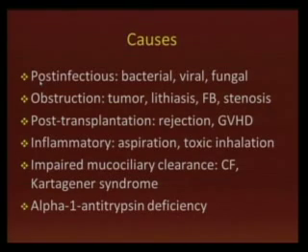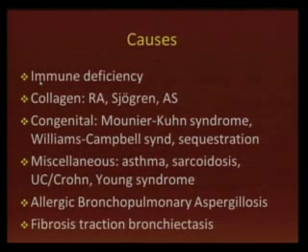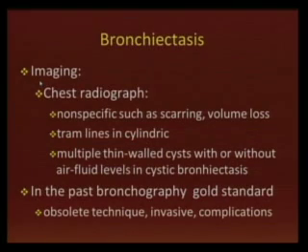It can be seen in cases of mucociliary clearance impairment, like Kartagener syndrome or primary ciliary dyskinesia, in rheumatoid arthritis or collagen vascular disease, and in congenital causes like Mounier-Kuhn or Williams-Campbell. We can see bronchiectasis in ABPA. So this is not a diagnosis. When we see bronchiectasis, we have to find what the cause is.